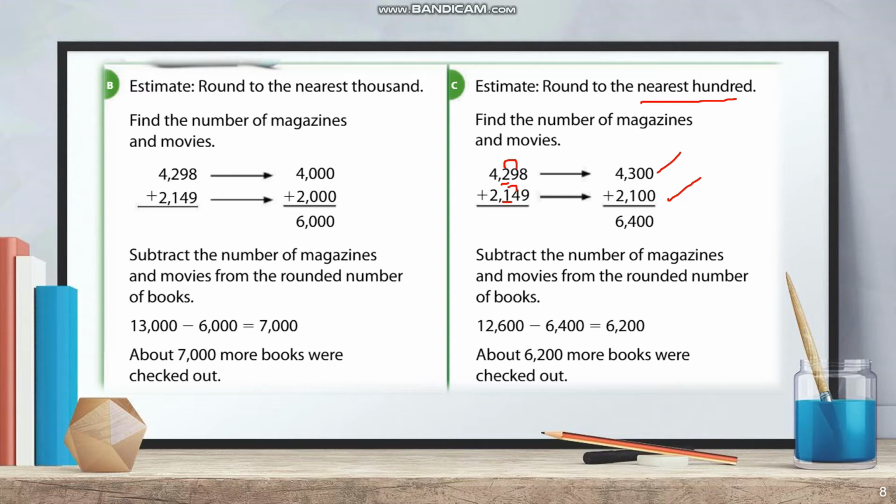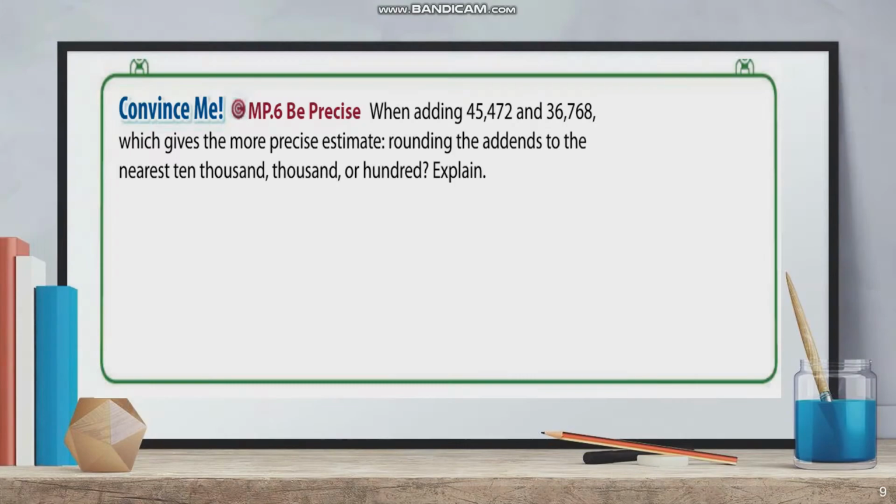So 4,300 plus 2,100, the answer is 6,400. So we're going to subtract the number of magazines and movies from the rounded number of books. So 12,600 minus 6,400 is equivalent to 6,200. So about 6,200 more books were checked out.